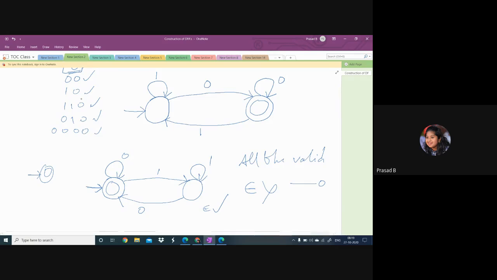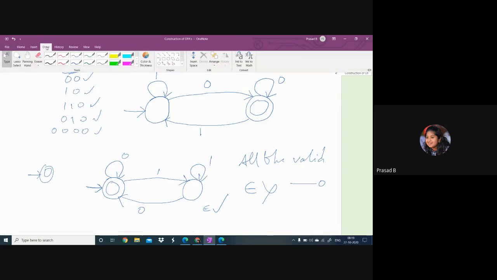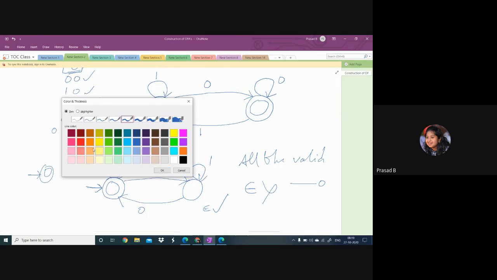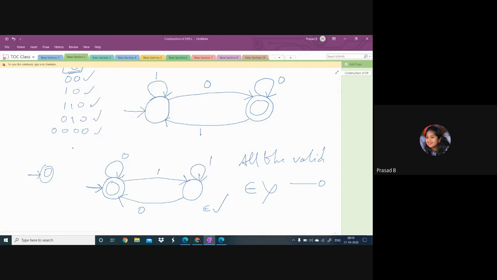This machine is accepting epsilon, which is invalid. So that is the reason, even though this machine accepts all the valid strings, as it is accepting invalid epsilon, this is not a correct diagram. Only the right diagram is the first one. So this is invalid. Okay, so copy this.